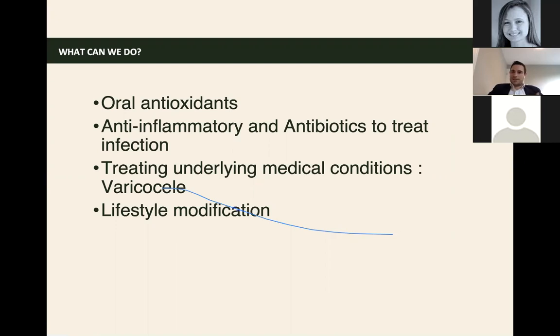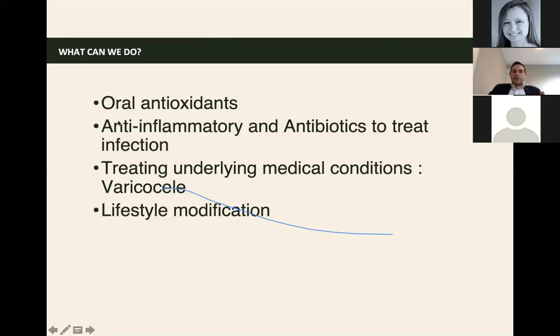Many would recommend different over-the-counter nutrients and vitamins. We're still waiting for a good level of evidence and good data regarding this. The nice part of it is that oral antioxidants rarely have side effects, except if you use them for a long period of time. So it won't harm anyone to use oral antioxidants if they have a high DNA fragmentation index.